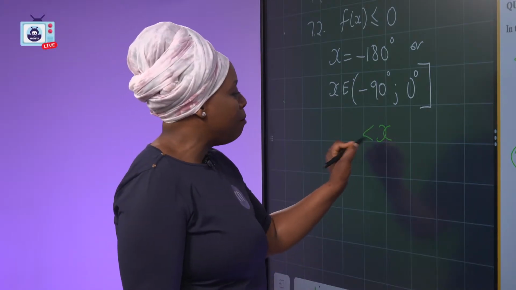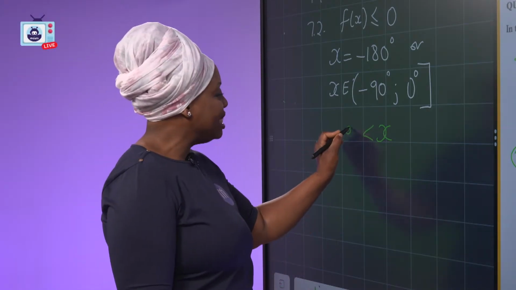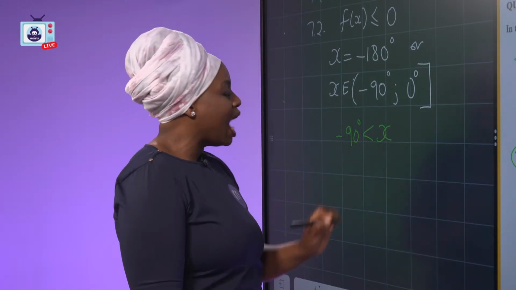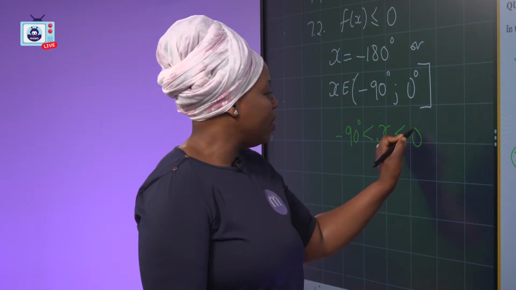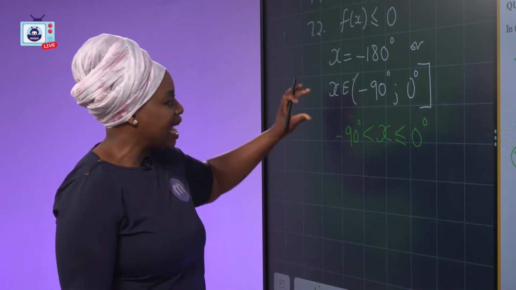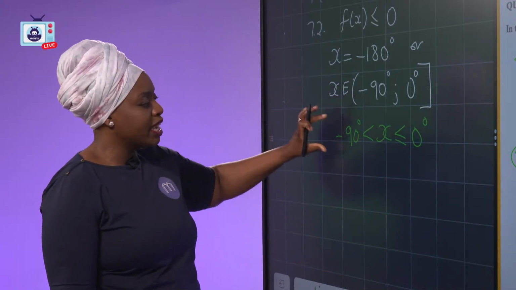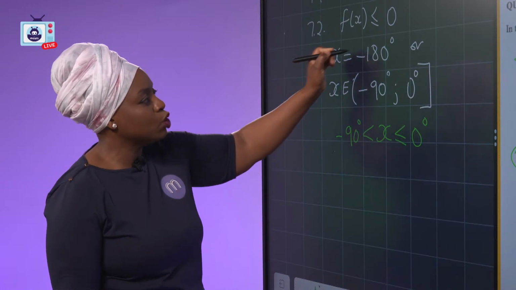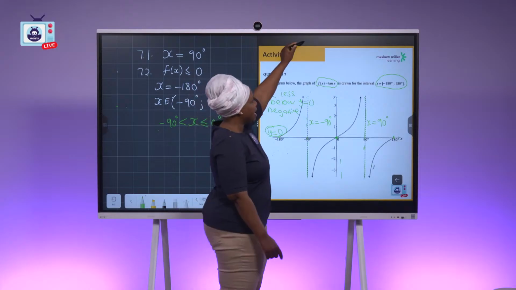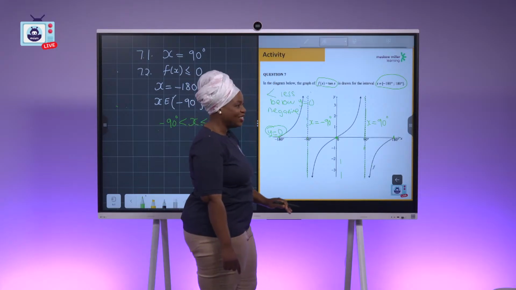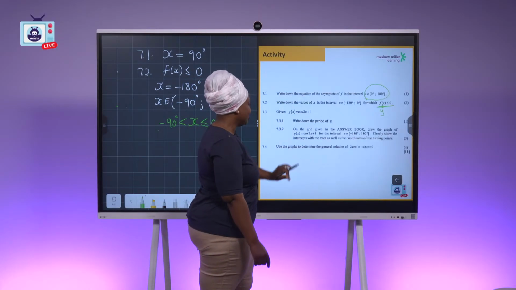But remember, we're going to put negative 90 without an equal sign, and we are going to put 0 with an equal sign. So you can write it in this format, or you can write it in this format, but the first one is important. It has to be there because it's part and parcel of the answer. Okay. Let's check the third one.